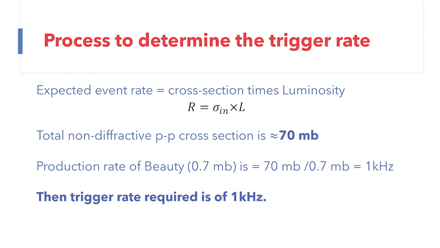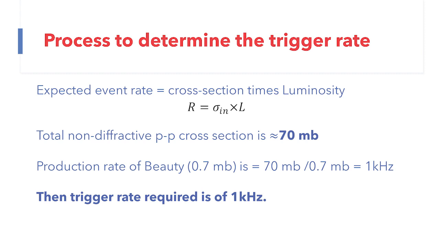Then total non-diffractive PP, I'm taking the simple collision, that is proton-proton. A simple proton-proton cross-section has got 70 millibarn. Then the production rate of the beauty particle, a particle in particle physics, has 0.7 millibarn, which is 1 kilohertz.